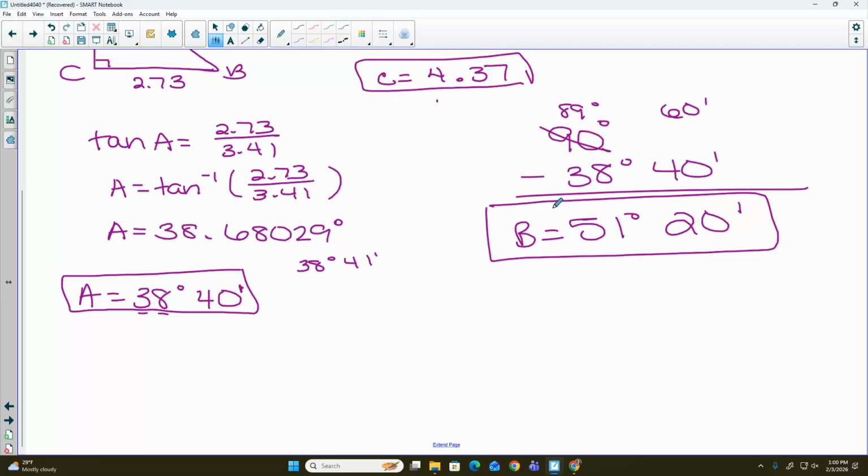So we get angle B to be 51 degrees and 20 minutes. That one okay?